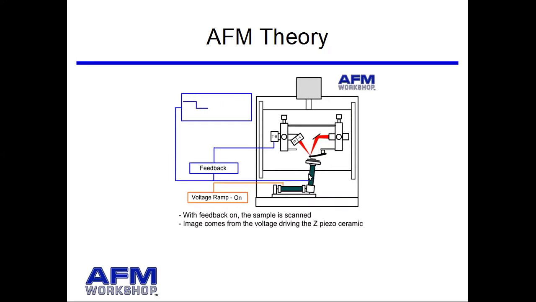So that feedback loop guarantees that this cantilever stays bent the same amount. And once you start to scan, the amount of voltage that's required to make that ceramic move up and down is recorded by a computer and displayed on the screen. And so that's how you generate an image.